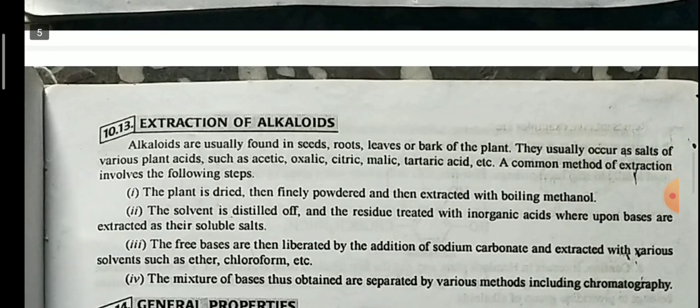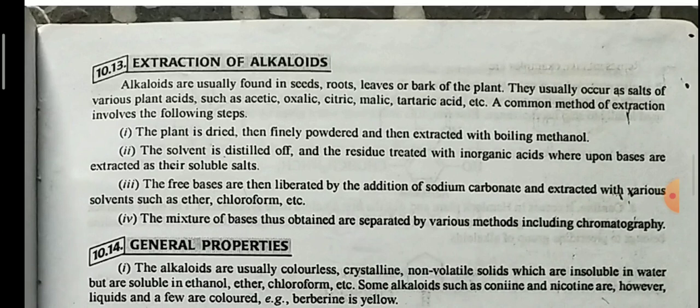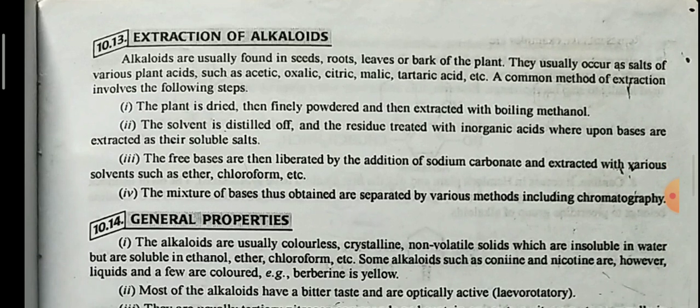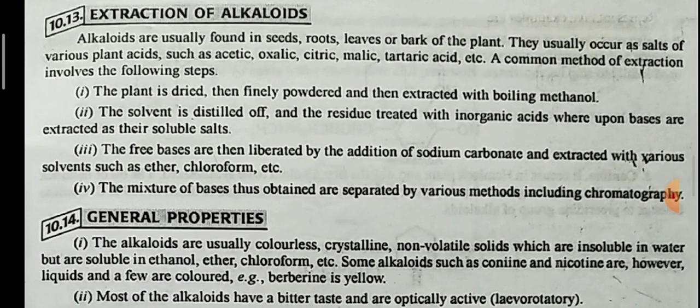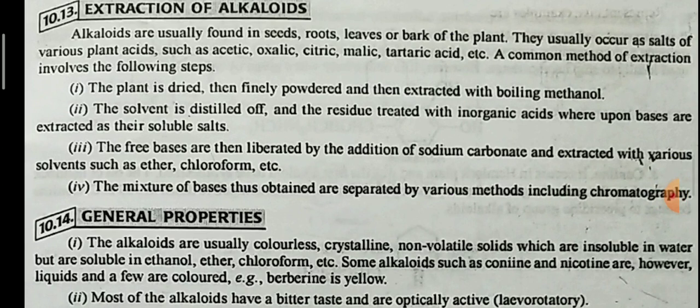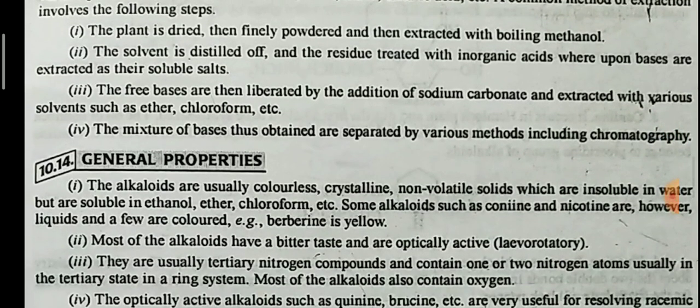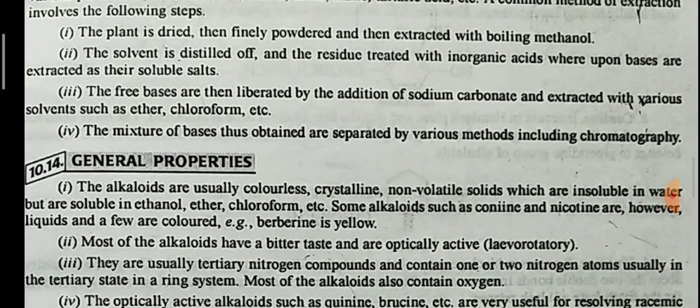Extraction of alkaloids. Alkaloids are usually found in seeds, roots, leaves, or bark of the plant. They usually occur as salts of various plant acids such as acetic, oxalic, citric, malic, tartaric acid, etc. A common method of extraction involves the following steps. The plant is dried, then finely powdered, and then extracted with boiling methanol.